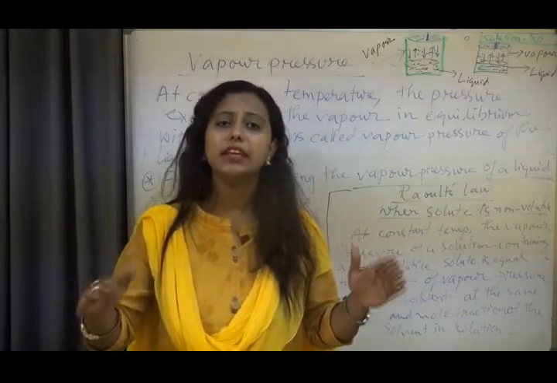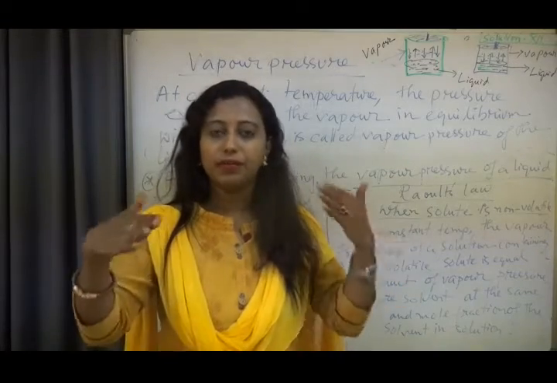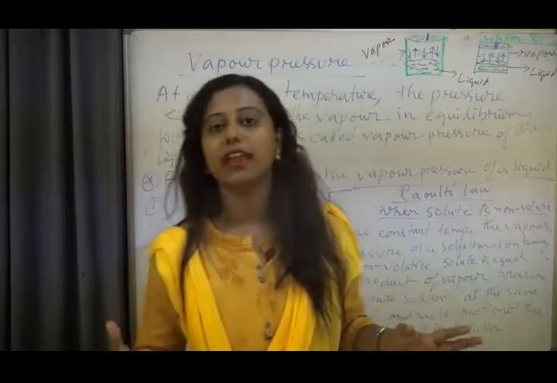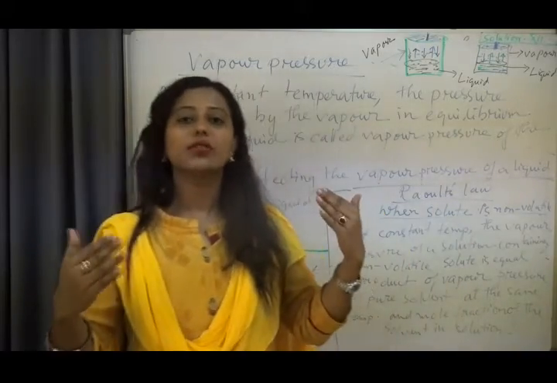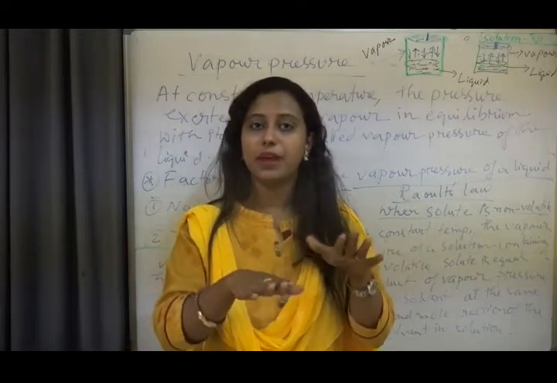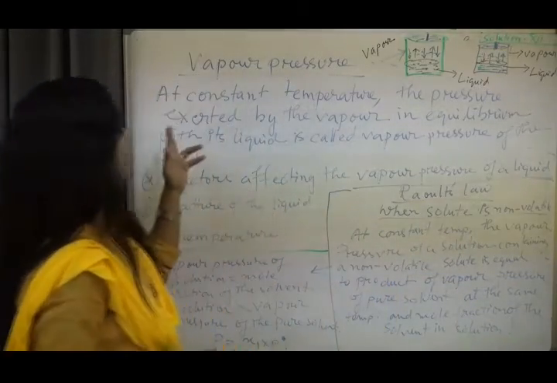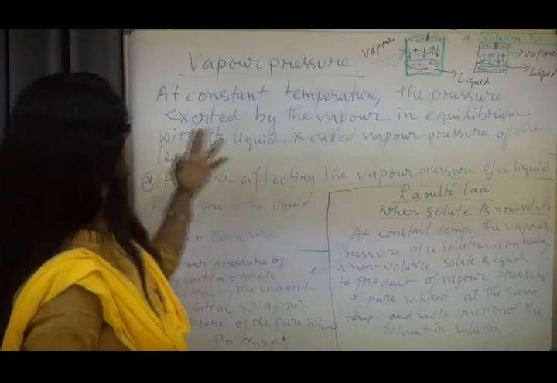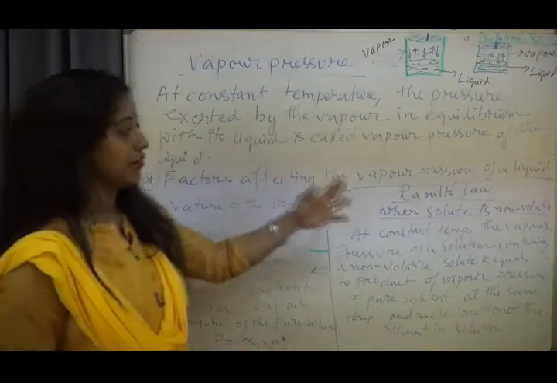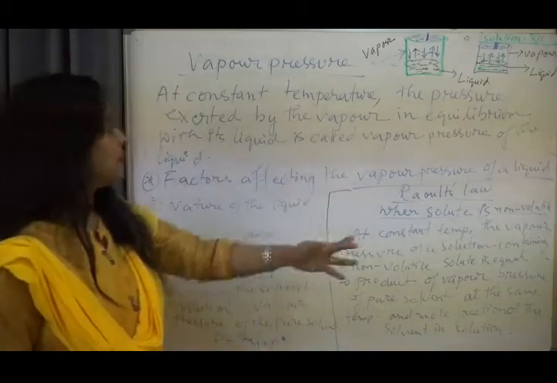Equilibrium means a state in which the gaseous substance dissolving in the solution, and the solution taking that gaseous substance, remain at equilibrium at a stable rate. So at constant temperature, the pressure exerted by the vapor in equilibrium with the liquid is called the vapor pressure.